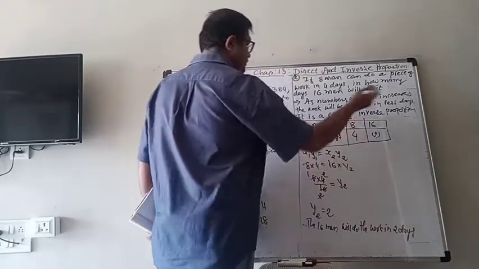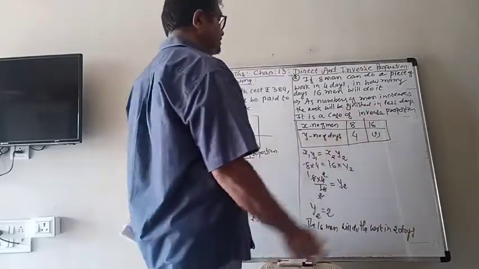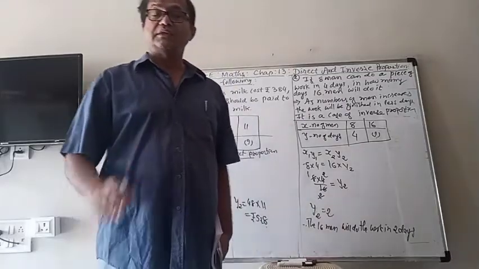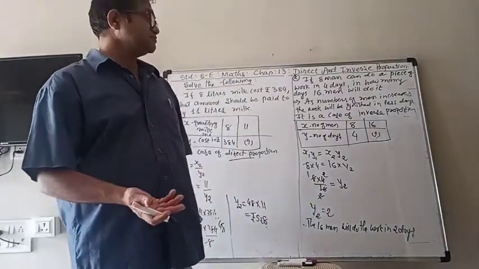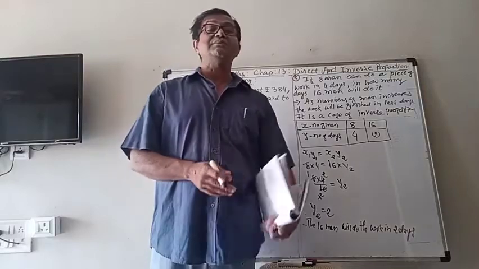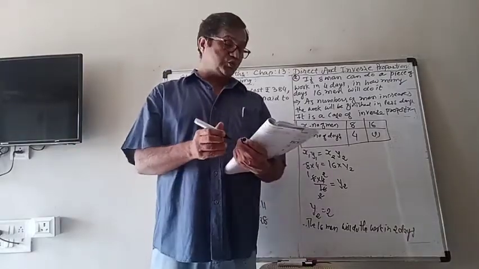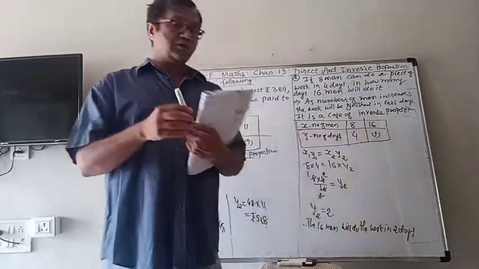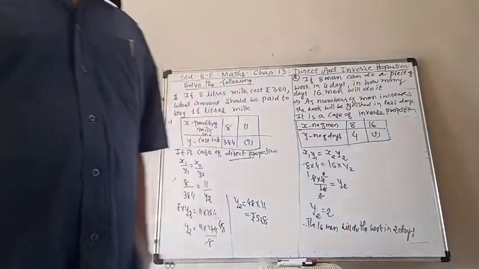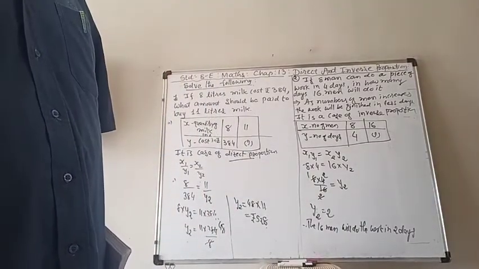So when the number of men doubles, then days are halved. That is very important to know in proportion.